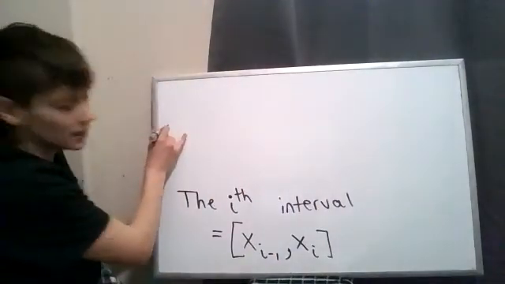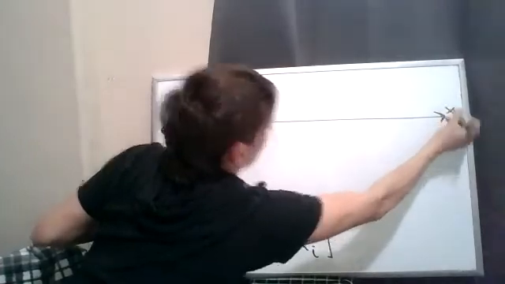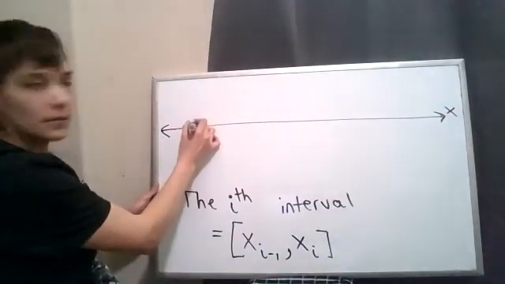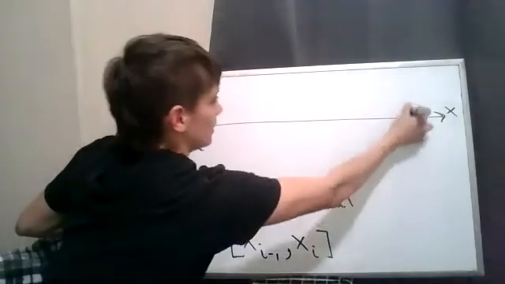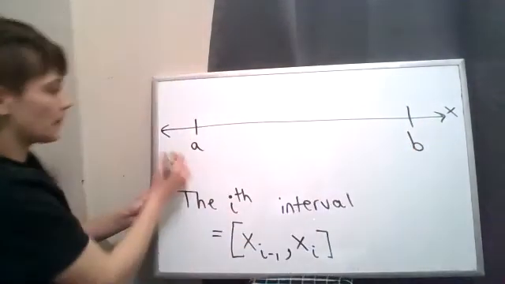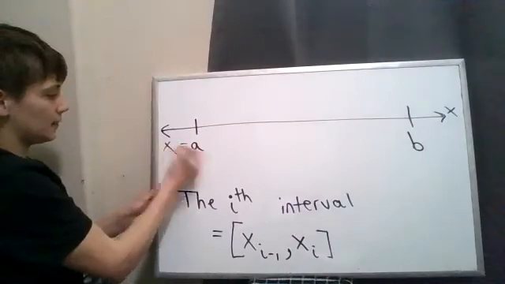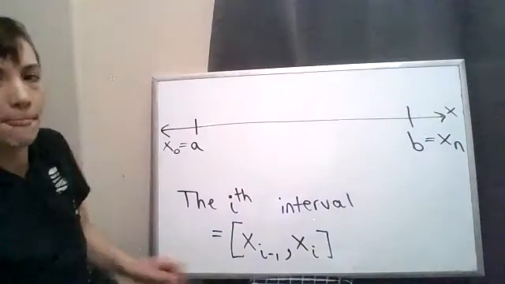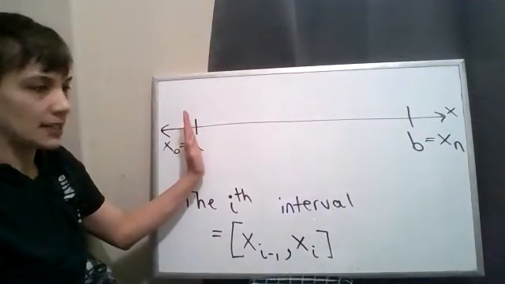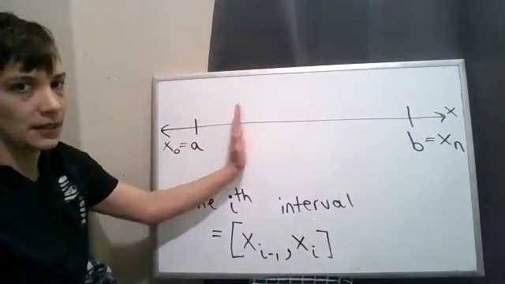These are values of x, and we will integrate from a over to b. a is x naught. b is x sub n. After x naught is x1 and x2 and x3.